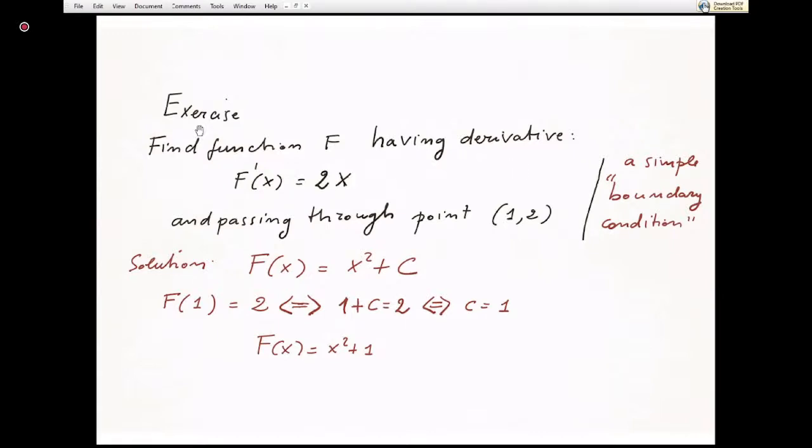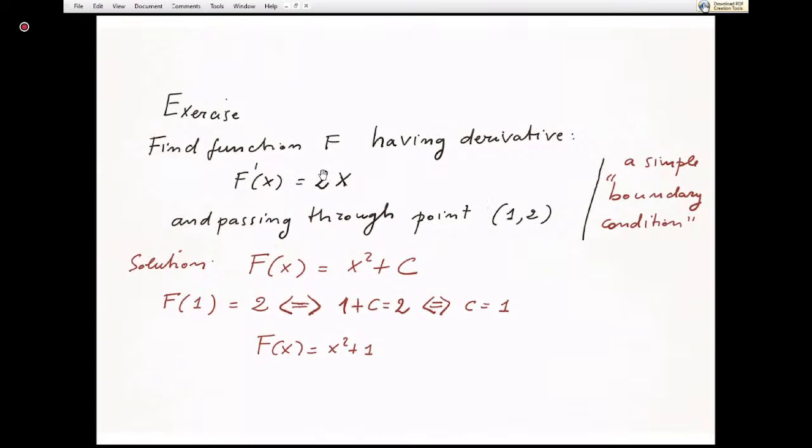This is an exercise in which we have to find not the set of functions having a given derivative, but to select one specific function among this set of functions having a given derivative. To do that, we have to impose an additional condition to select one among the infinitely many solutions. We have to fix another additional condition, which is called in general a boundary condition.